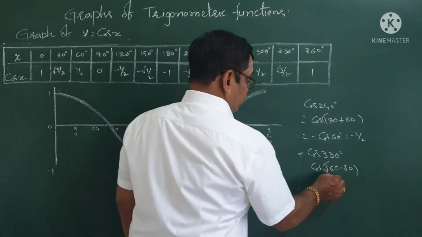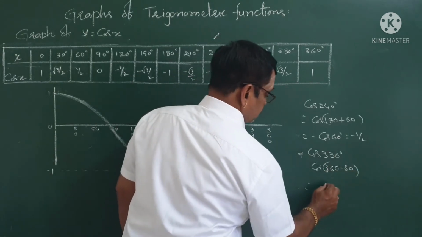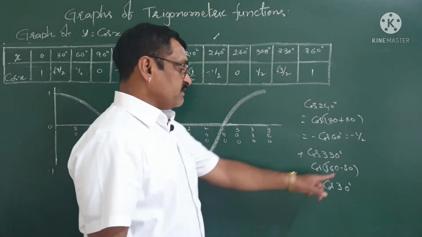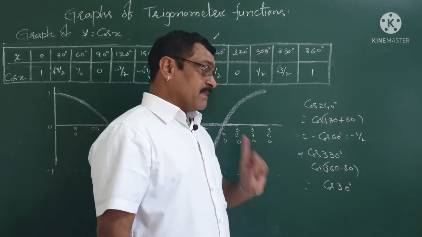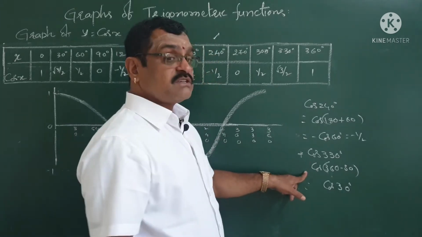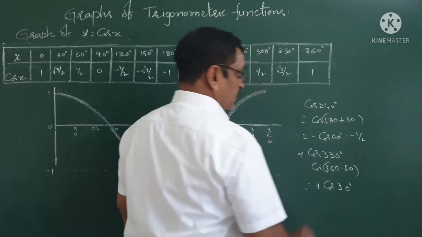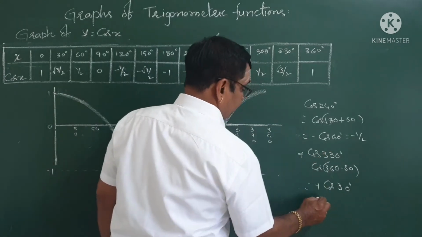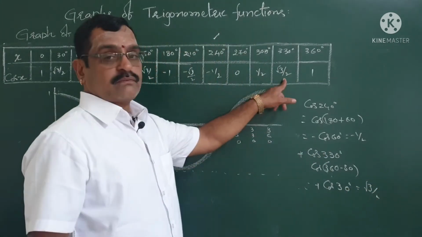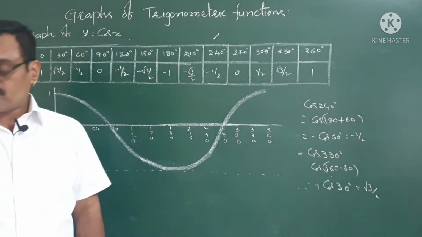Because of this 360, the cos will transform to cos only, with this angle. Whereas 360 minus theta lies in the fourth quadrant. In the fourth quadrant, cos is positive, so we get cos 30, and you know very well this is root 3 by 2, so we get positive. Like that, I got all the values.